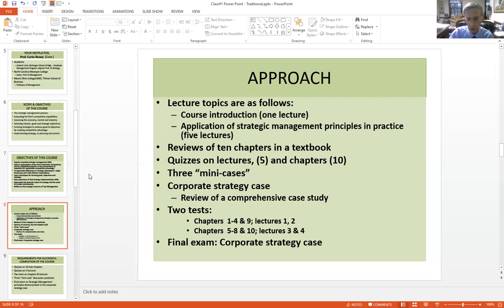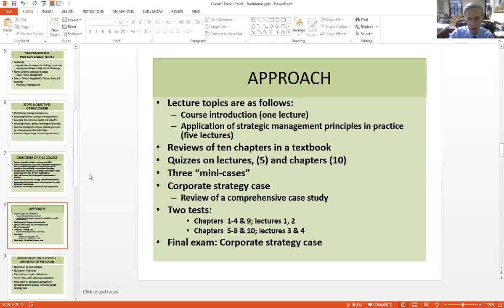Another reason for choosing this book is that one of its authors is a disciple of Michael Porter's and is a real expert in the so-called resource-based view of competitive advantage.